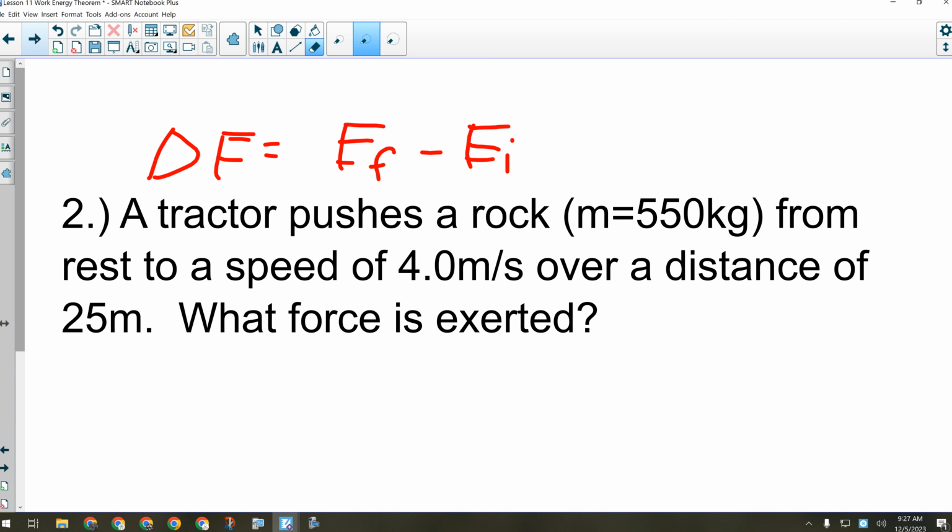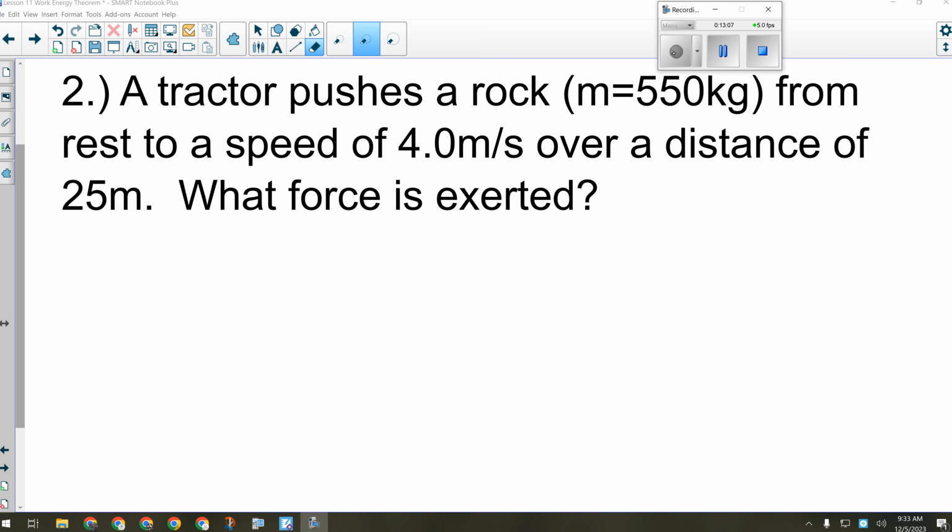All right. Give this one a try. Same kind of question. This time you're being asked to solve for the force. Okay, let's have a look at this one. So we have a tractor that's pushing a rock, and we know that the mass of that rock is 550 kilograms.